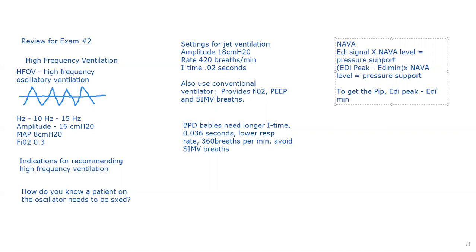So EDI peak minus EDI minimum times your NAVA level. I would need brackets. I'm trying to type this. If you guys are just listening in, I'm trying to type and have it make sense.